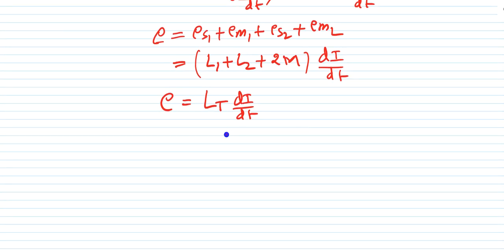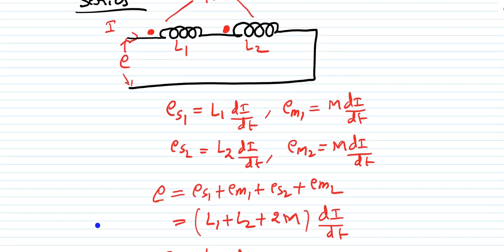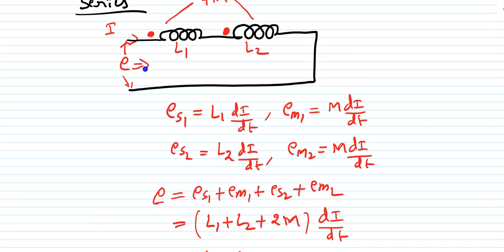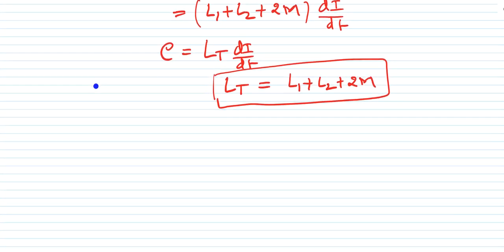What is meant by this L total here? That is the total equivalent value, L1 plus L2 plus 2M. So that is the equivalent total of this series circuit. If you want to find the total equivalent LT, this is the value you get, L1 plus L2 plus 2M.